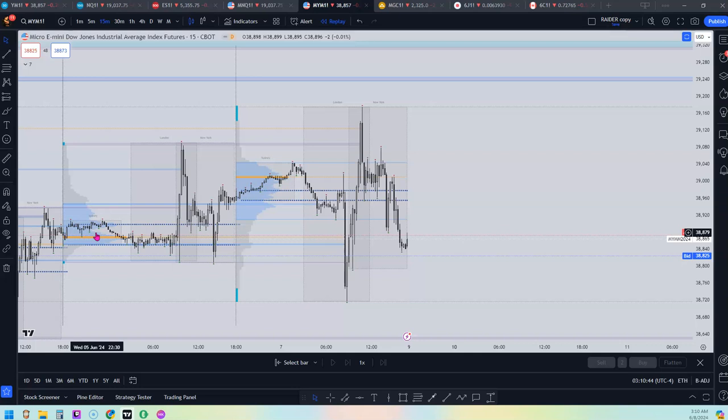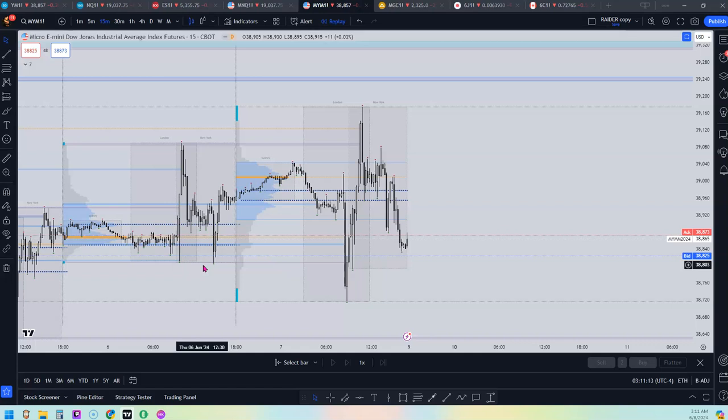So I have it for Sydney, and because of that, these blue dotted lines right here are the parallel lines. This is called an initial balance, and it basically shows you the first hour or two of the market, and it gives you that range.